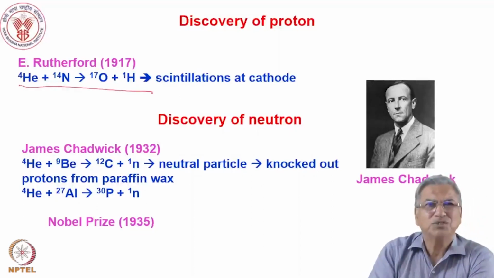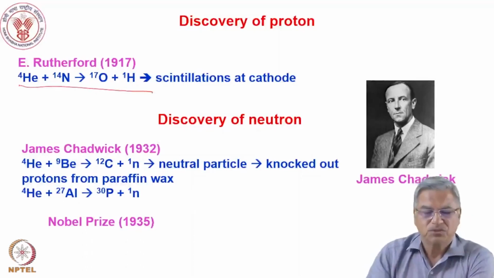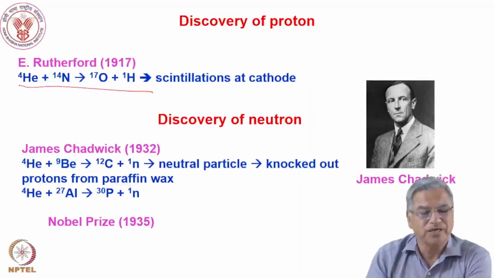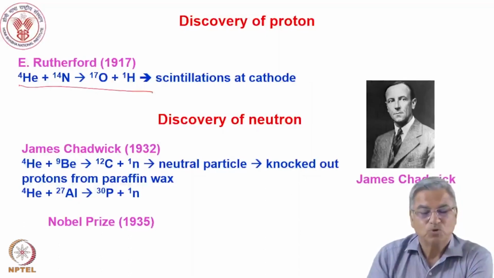The alpha particles from a polonium source were made to bombard air. What he observed was that there was a scintillation produced at the cathode. So that means the bombardment of alpha particles on air, which dominantly contains nitrogen, gives rise to protons.